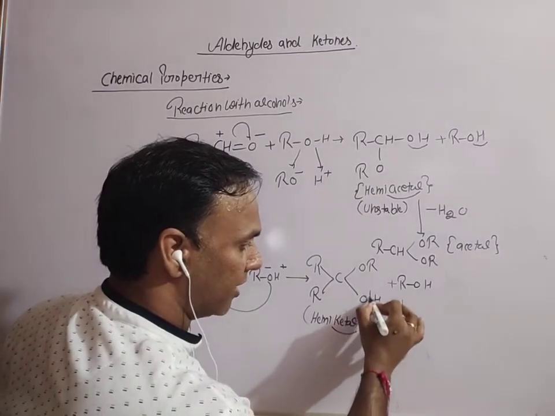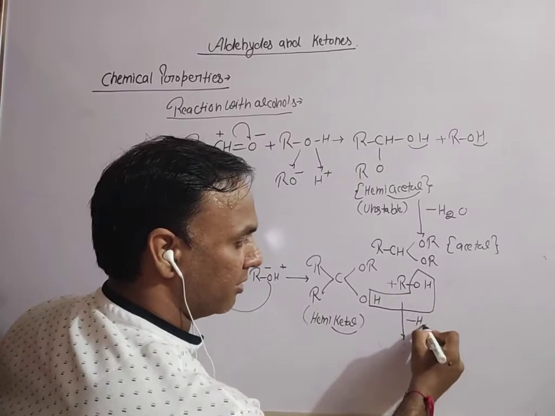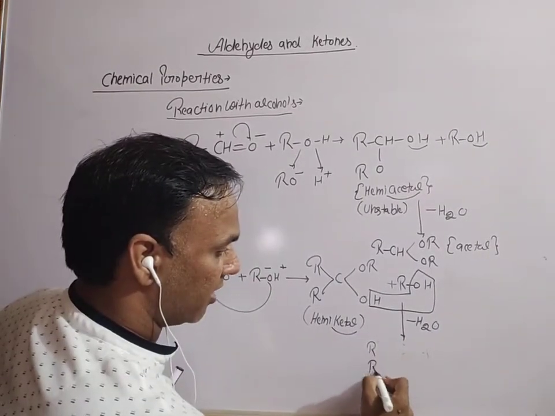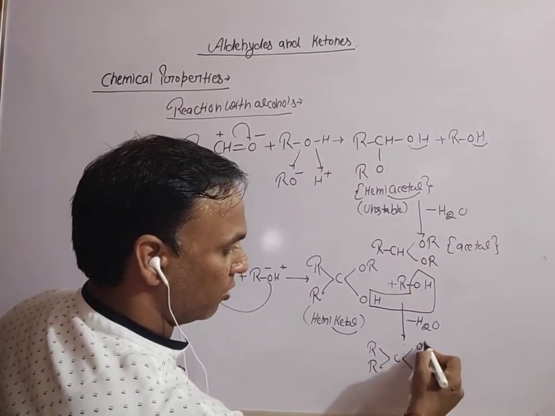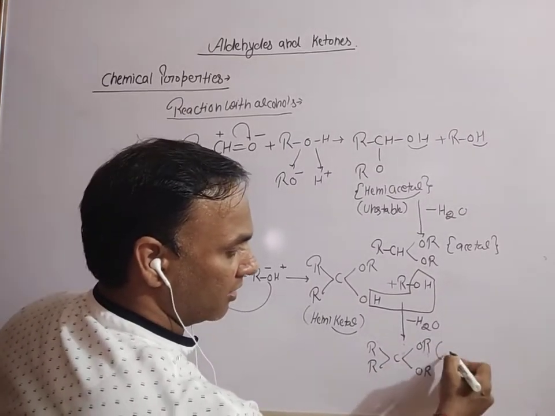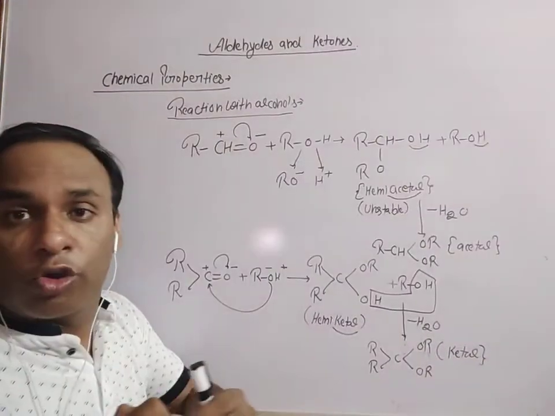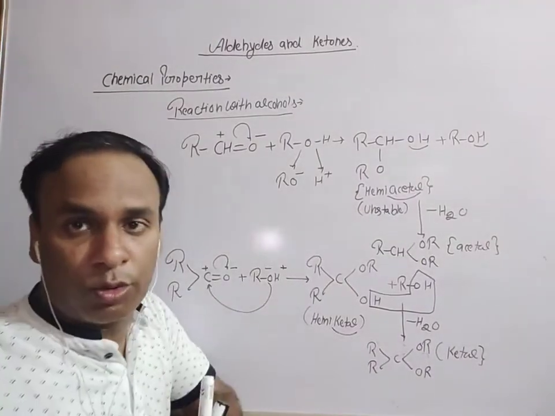So H and OH, water is removed. Got it? So that is why R2C(OR)2 is formed. This compound is called ketal. Ketal is obtained from the reaction of a ketone and an alcohol.